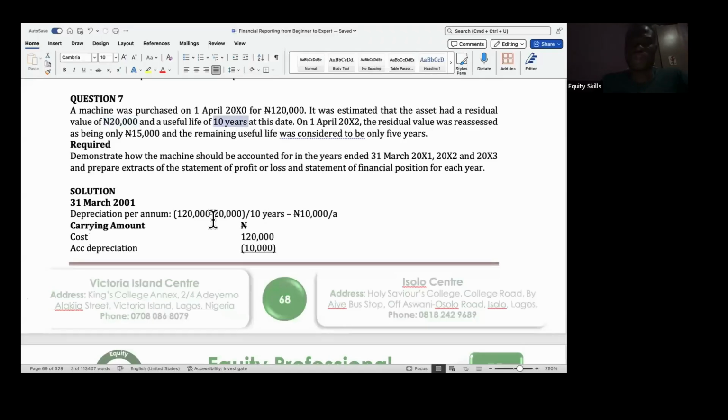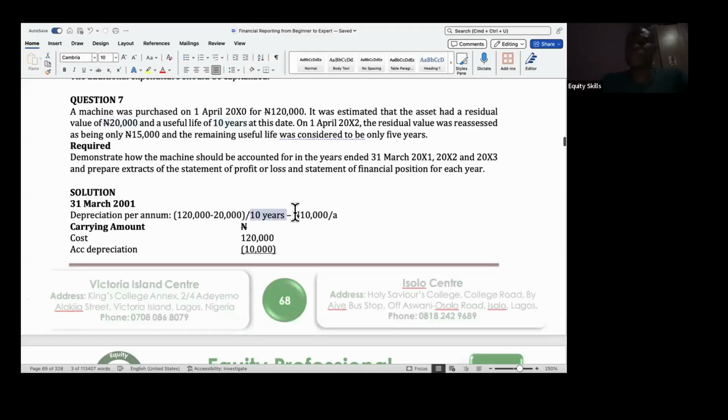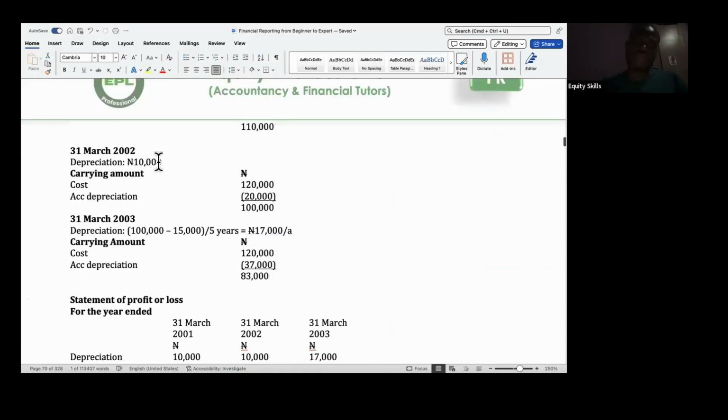When you punch your calculator, that will give you 10,000 per annum. So in 2001, the depreciation for that year will be 10,000. In the next year, which is 31st March 2002, the depreciation will still be 10,000.